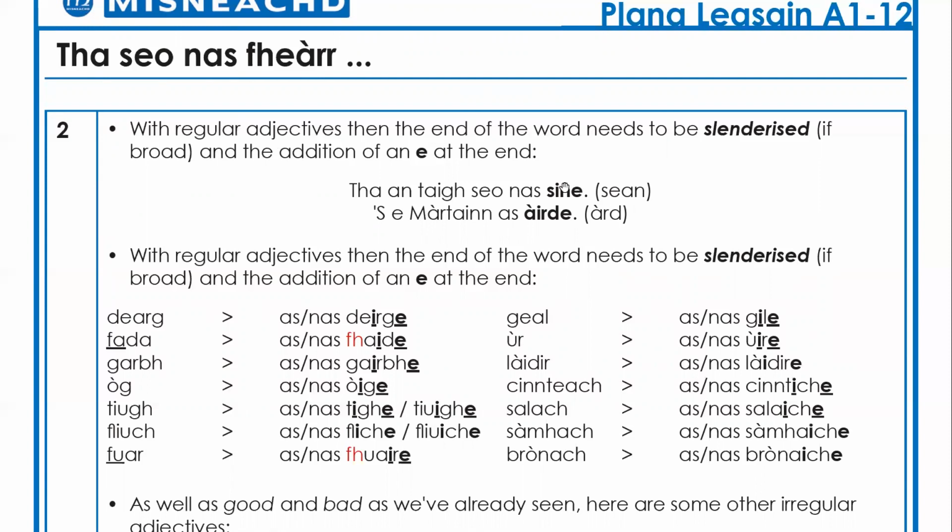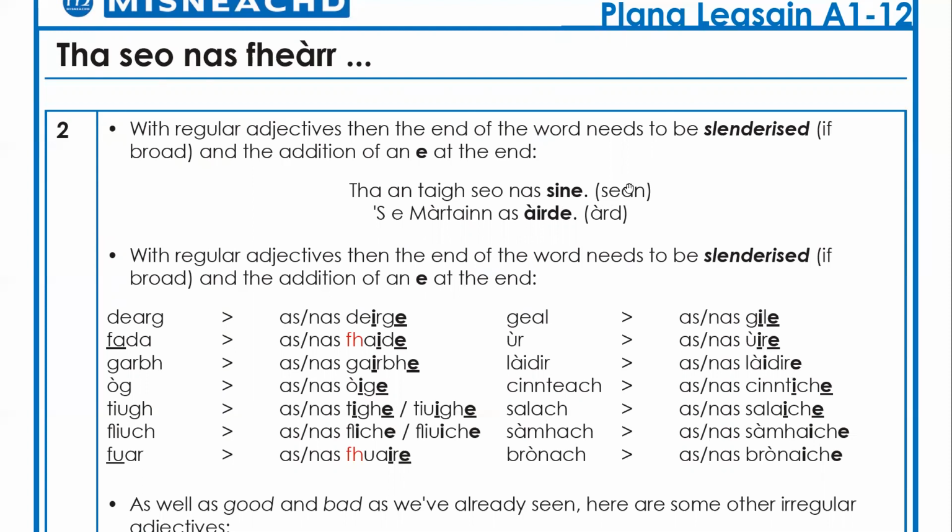And you may think that that looks rather irregular there. We've had sean become sine, but that's basically because the ea sound in sean is one sound, and given that it's broad as the final vowel, we need to change that vowel sound to a slender sound. And because the ea are pronounced as one vowel sound, the way to do that is to turn both these vowels into a slender one, so i, and then we add the e at the end.